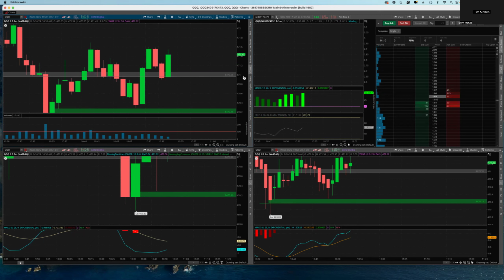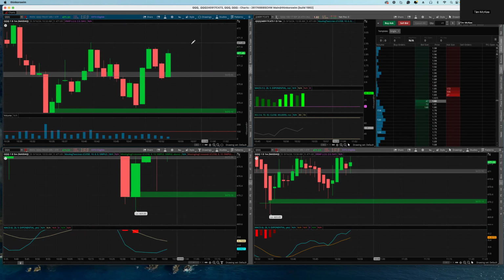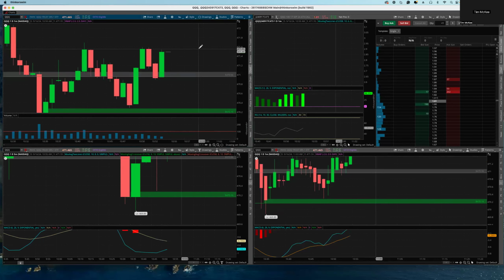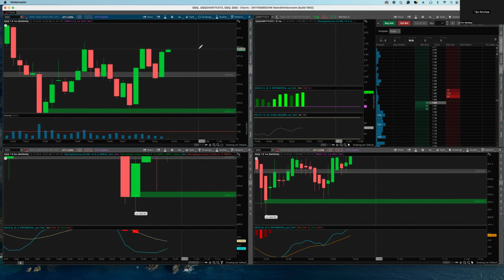All right, let's see if we're going to come up to this price point again, this bit of resistance up here at around 471.56, and do a little bounce off again. Part of it's also chicken.